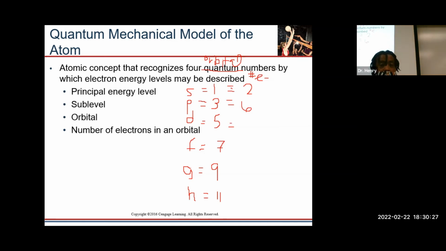The D, and if there was a G, it would be 18. And if there was an H, it'd be 22.